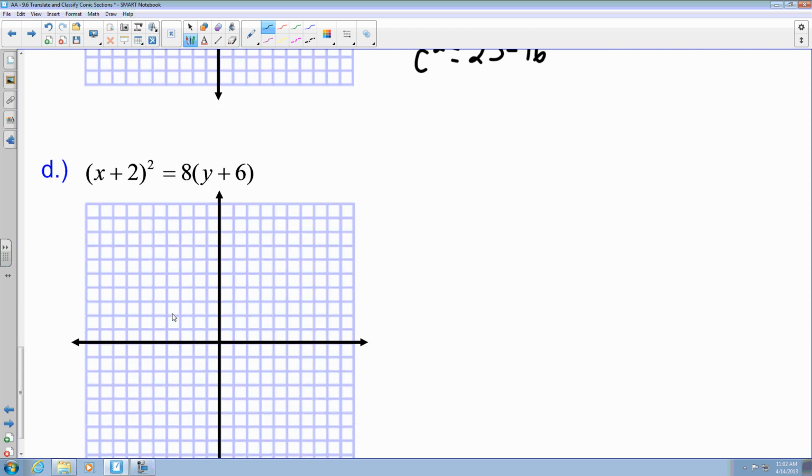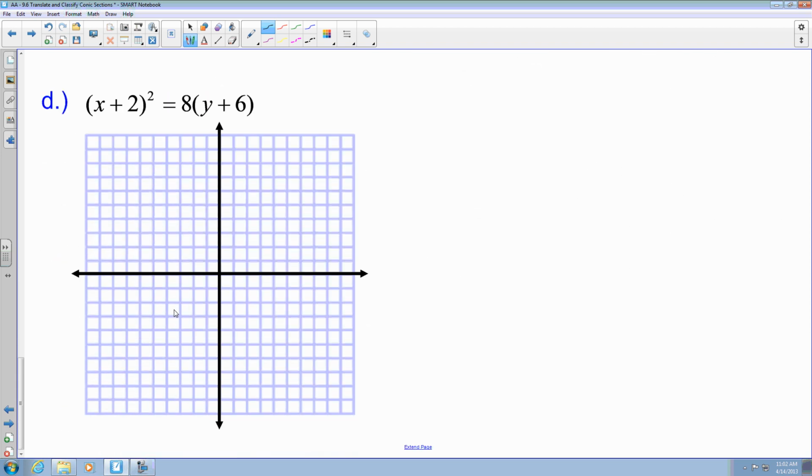And the last one for this part of the section, yeah, I still got some time. So the last one here I'll do, this one's a parabola. And my x squared is the one that's squared, so this one's going to be an up and down. Because it's positive, it's going to open up.